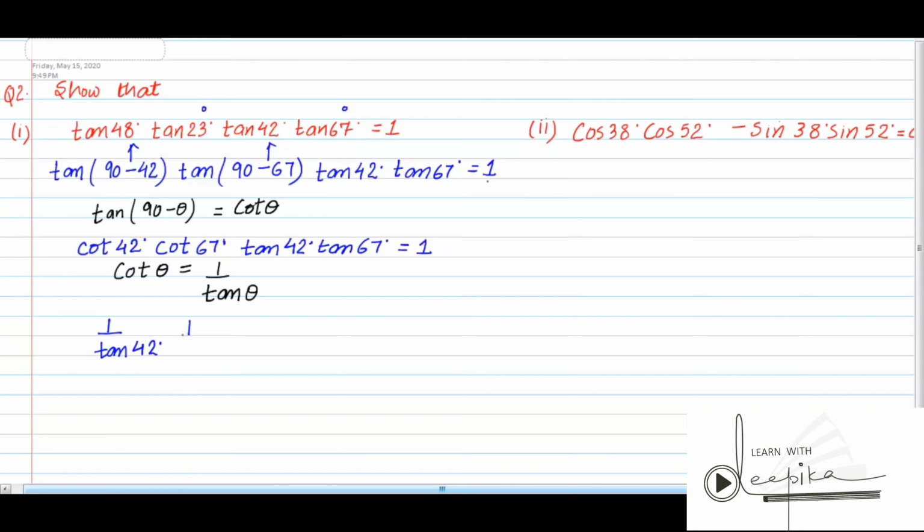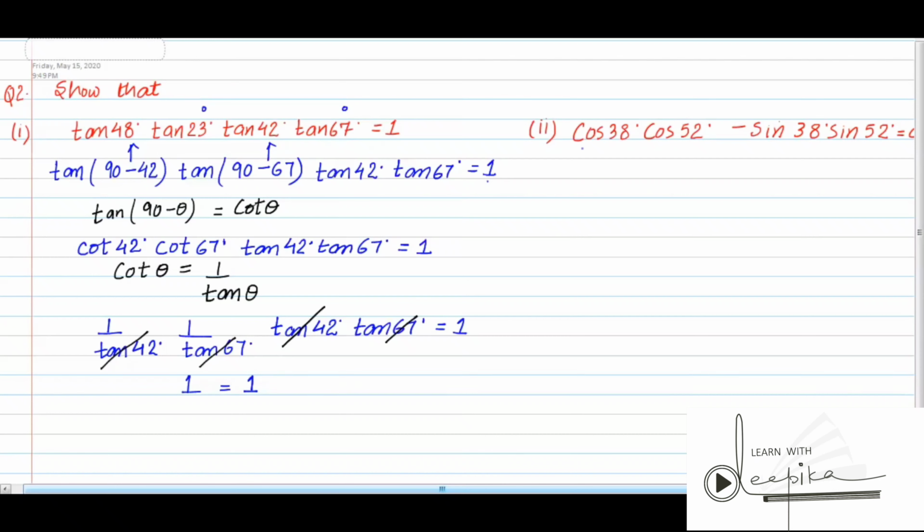Similarly, cot 67 as 1 upon tan 67 degree, and the remaining two terms tan 42 degree tan 67 degree is equal to 1. Now I'll cancel this tan 42 from the denominator and tan 42 in the numerator. Similarly, tan 67 and this tan 67. From this, in the left hand side you will get 1, and the RHS is also equal to 1.